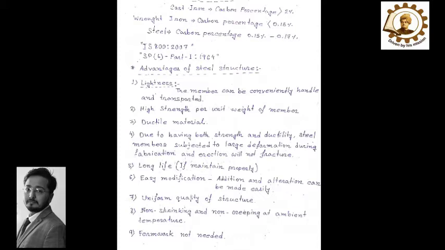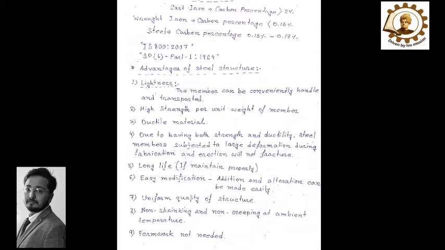A great example of wrought iron is the Eiffel Tower. The Eiffel Tower is made of 9,000 tons of wrought iron. But nowadays, wrought iron is not used as structural steel. Wrought iron is used for making furniture.